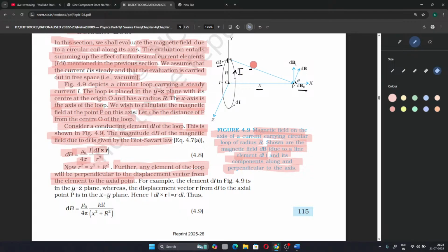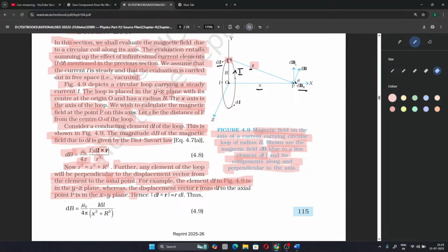This is the displacement vector. This is the dl. For example, the element dl in figure 4.9 is in the xy plane, and the displacement vector r from dl to the axial point P is in the xz plane.